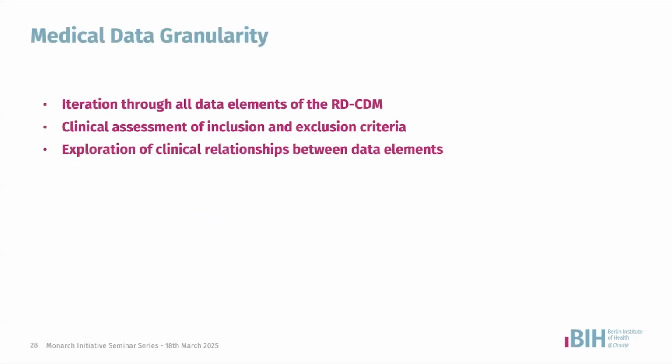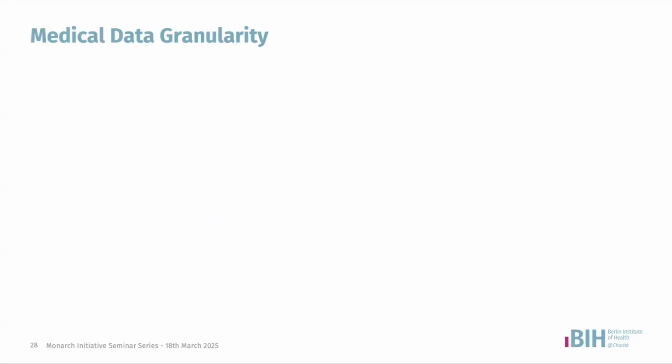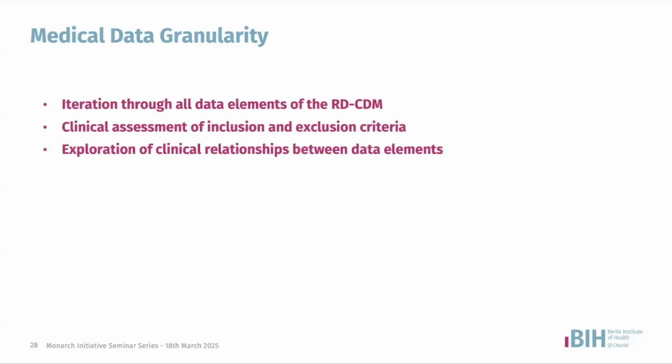For the medical data granularity, granularity, for those that don't know it, means the level of detail within data. So you can either just have the phenotype itself, but you can also have the date, the status, the severity, and so on. So you add more granularity, more data and detail to it. We iterated through all data elements multiple times, actually.